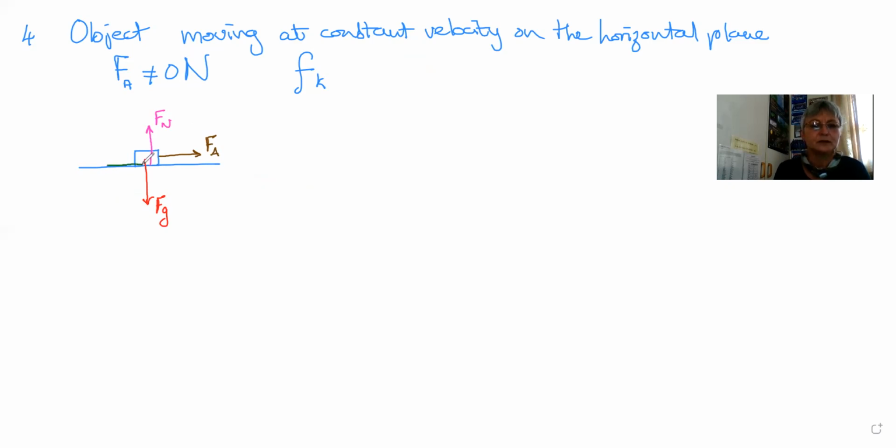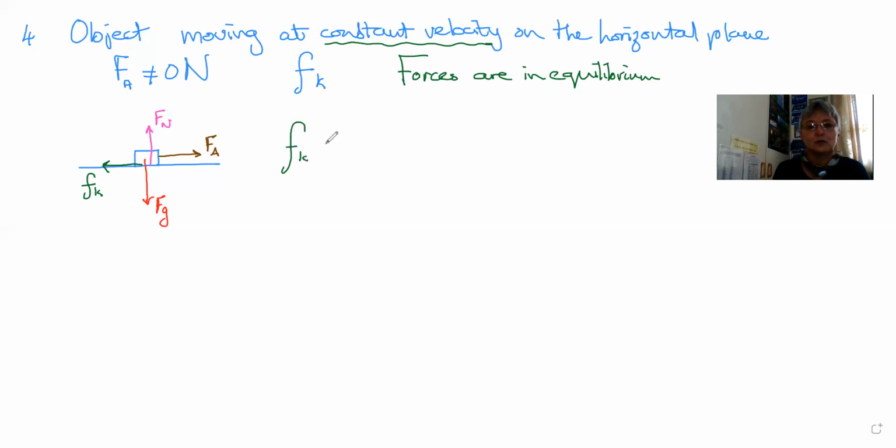Now this friction, if the object is moving at a constant velocity, it means that the forces are in equilibrium. It means that they're balancing each other out. Then this friction would be equal in size to the applied force. Fk would be equal in magnitude to the applied force, whether it's a push or a pull, it doesn't matter.